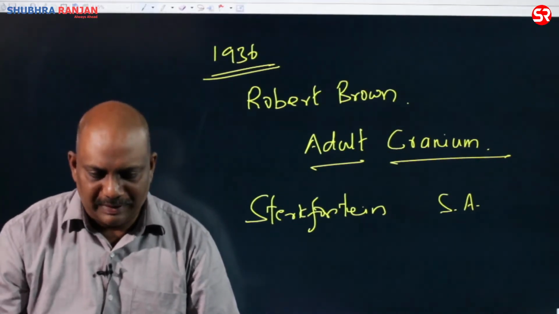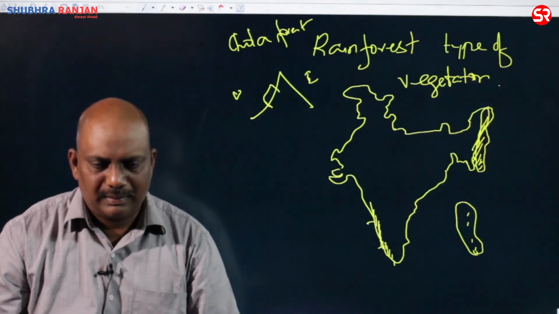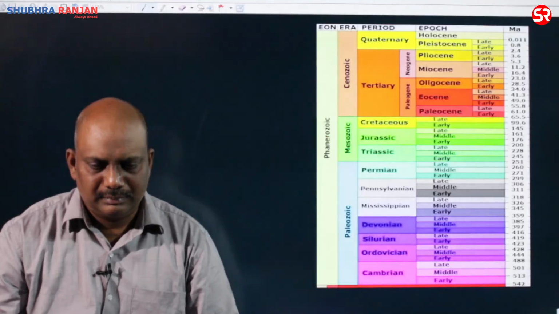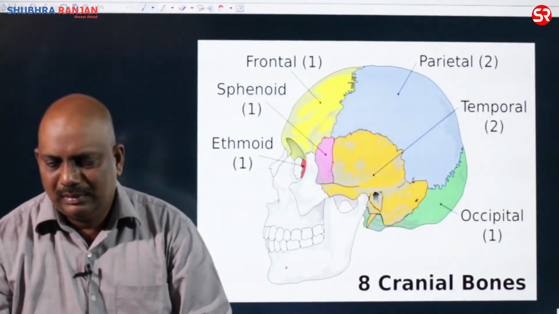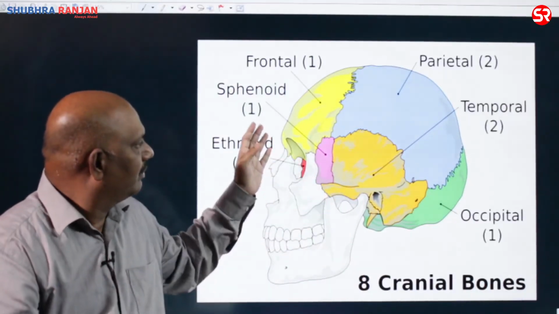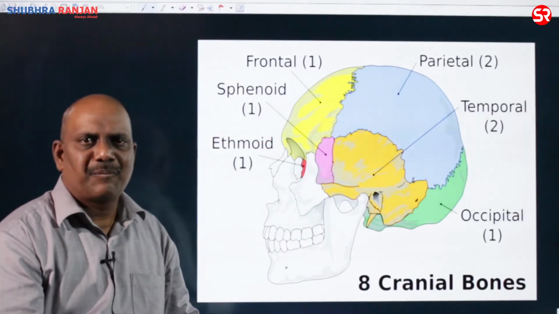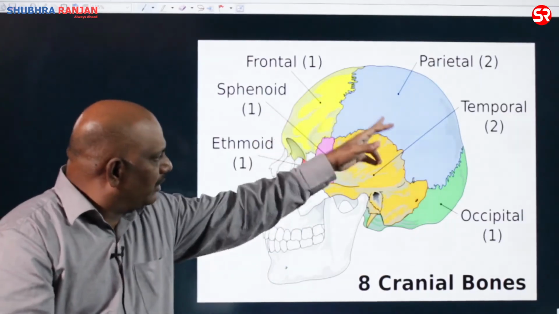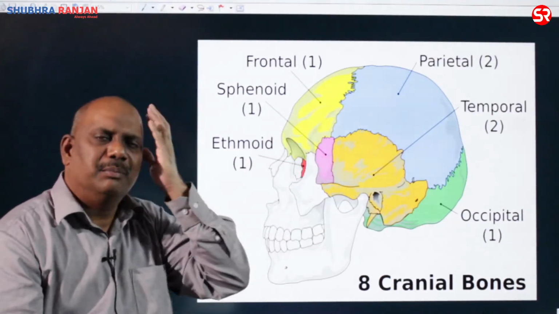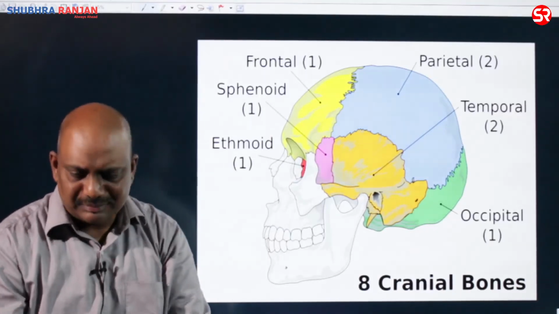So I will show you one picture of it. What is this? A human skull, correct? So this particular bone which covers our brain is called the cranium.